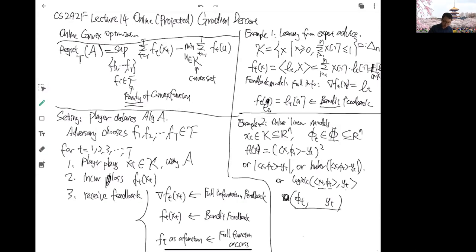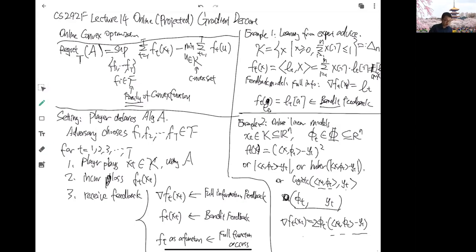Say in the linear regression case, the gradient of ft at xt is a function of phi and yt: the vector phi multiplied by the residual, phi t transpose xt minus yt. For other generalized linear models, what changes is basically how you measure the difference between your score function and yt, and nothing else.